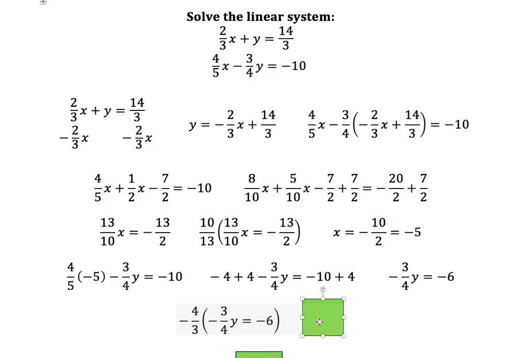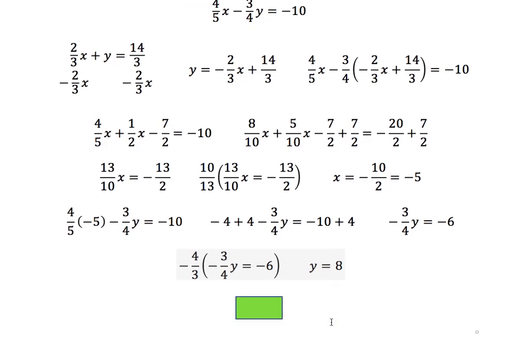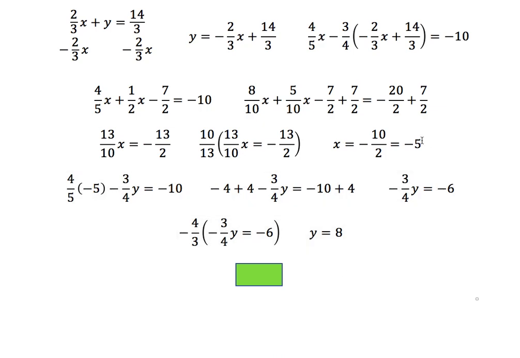I'm multiplying both of those terms by negative 4/3. This just cancels out to be a y. The negatives end up canceling out. The 6 divided by 3 is left, you're left with the 2, and 2 times 4 is 8, so your y value is 8. And we found that our x value was negative 5, so the solution to this system was (-5, 8).